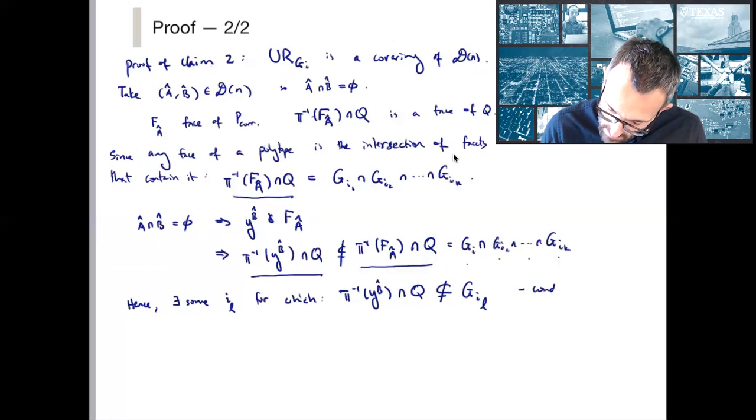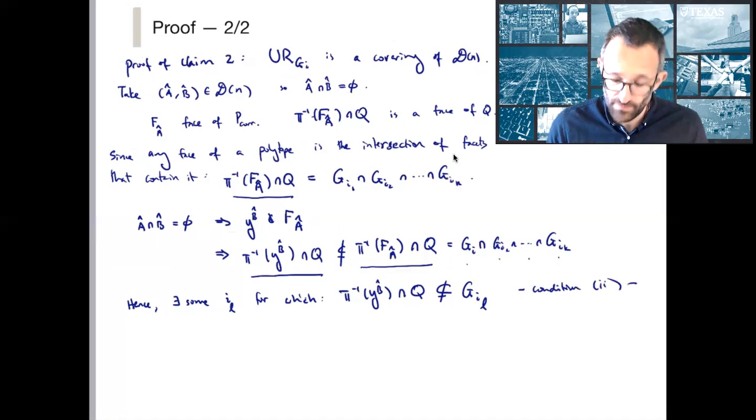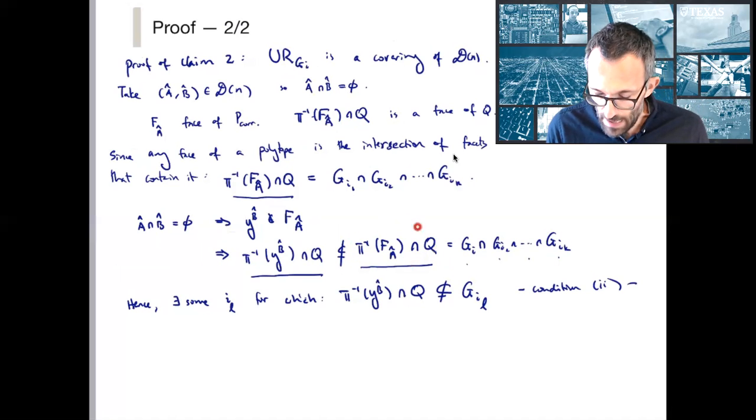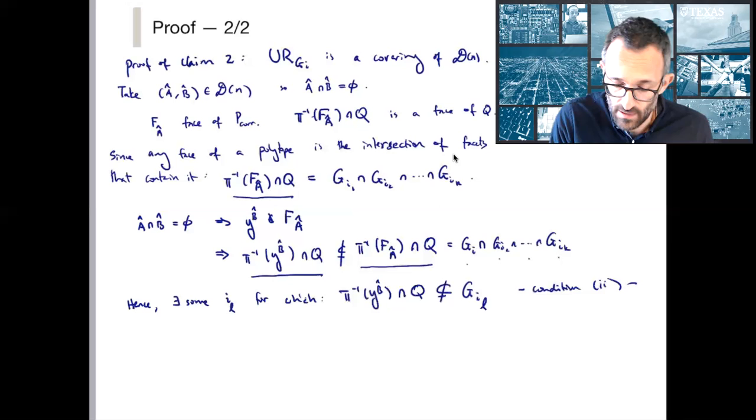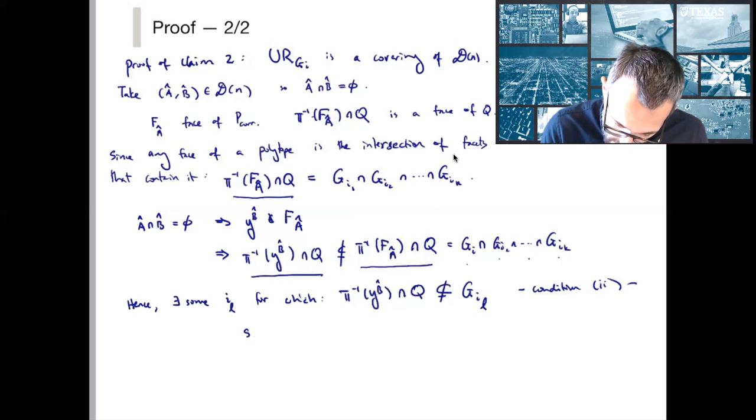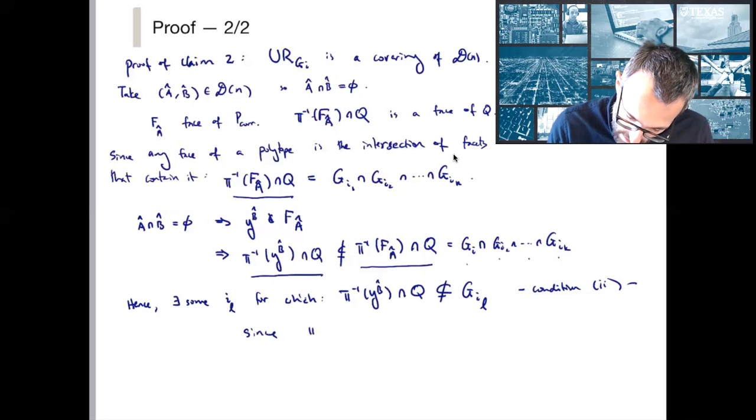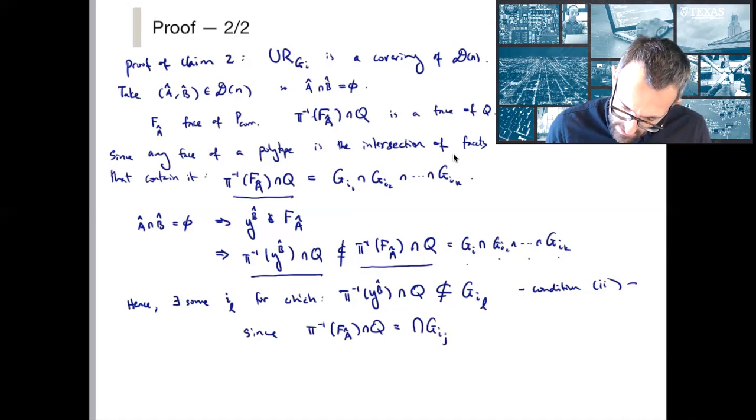So this is condition 2. And of course, since pi inverse of FA hat is equal to the intersection of the GIs, it is contained in every single one of the GIs.